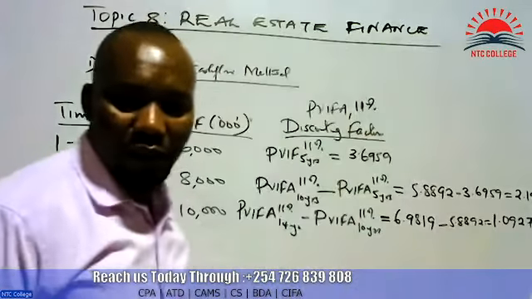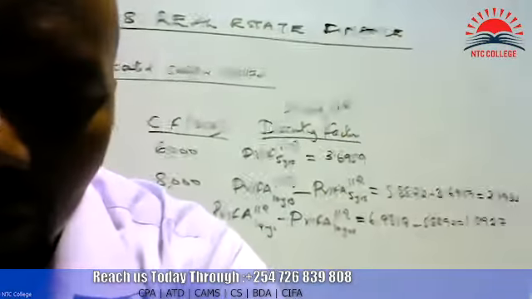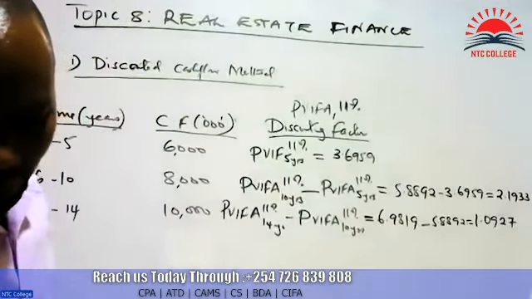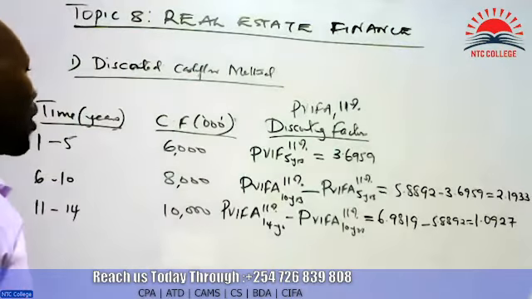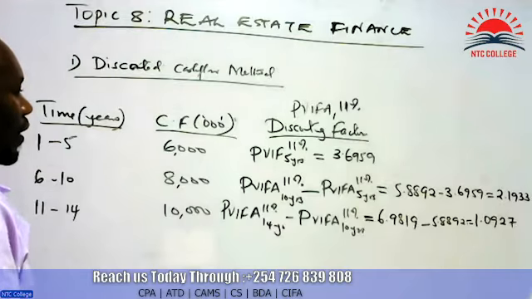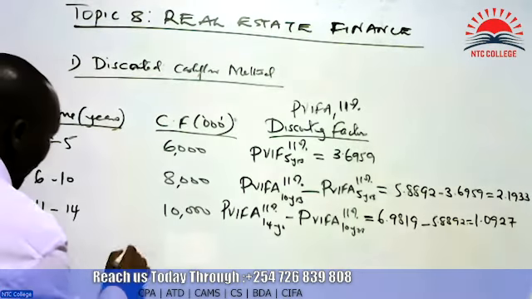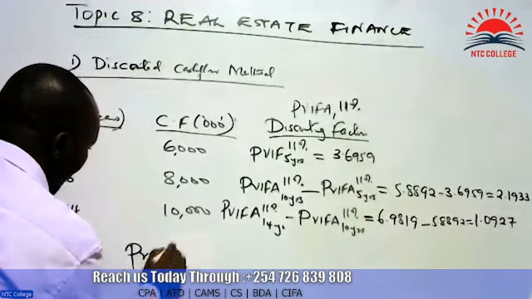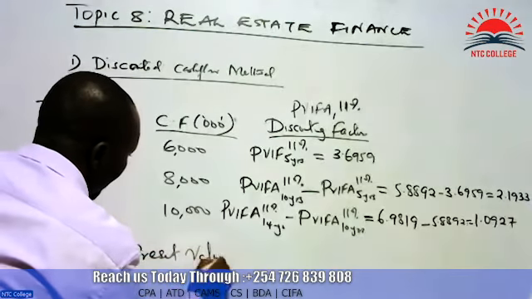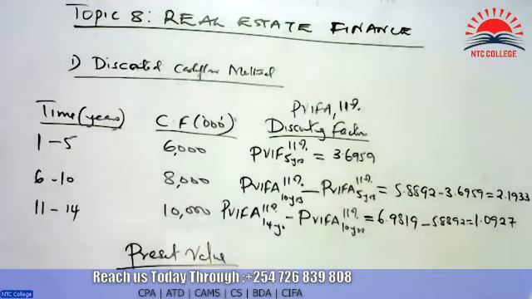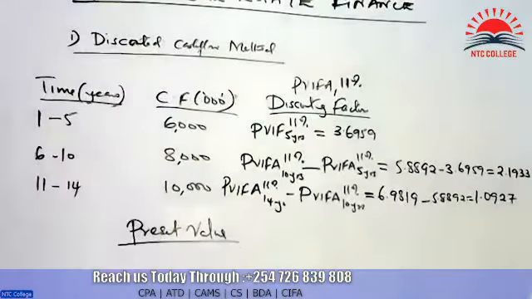So those are the figures that you're going to use to discount. That is how you can calculate that one. Then use that figure to discount. Now, when you're discounting, we are now saying that the present value, we can now have the first one.